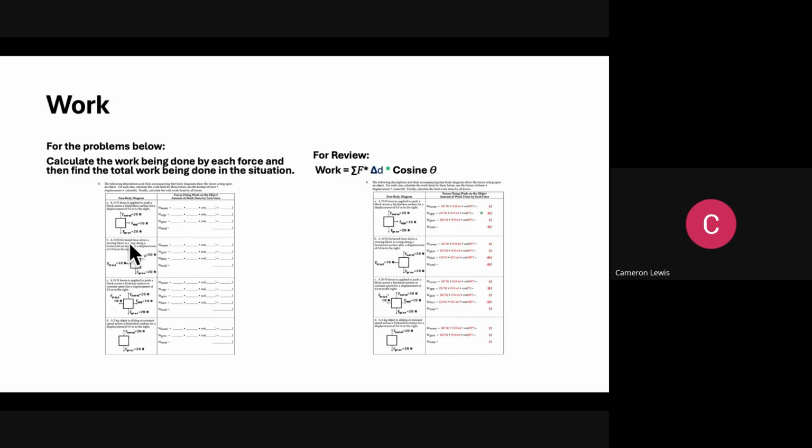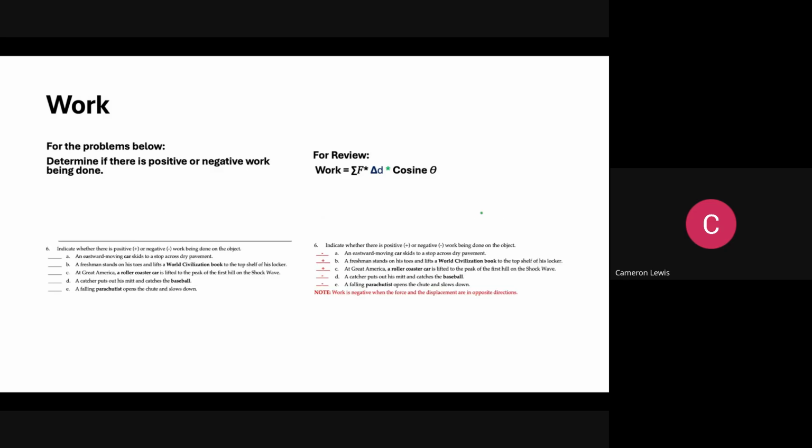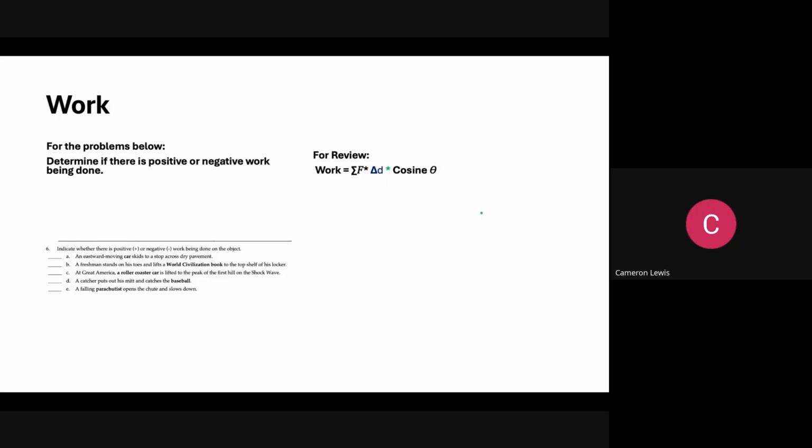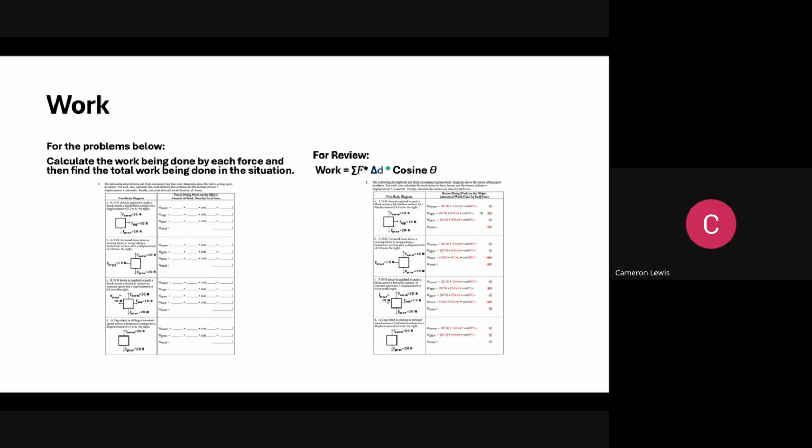So as I'm looking, this will be our last problem of the day, right? So let's take our time with this one. We really want to calculate the work being done by each force and then find out the total work being done in the situation, right? So remember what we said earlier about deciding if something is positive or negative, if we're adding to or removing from the situation. That's what we want to take into account here.